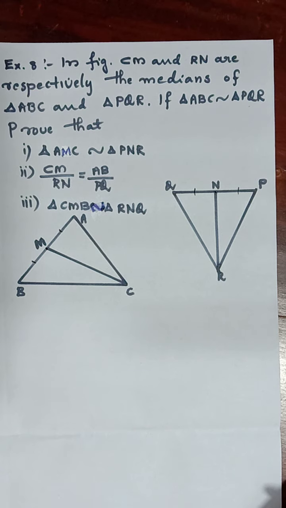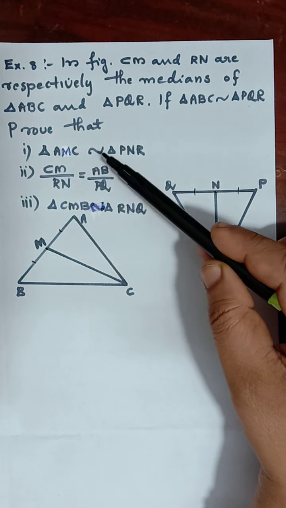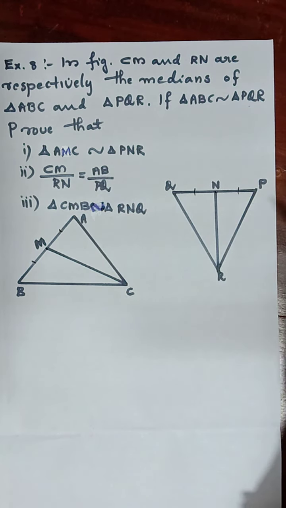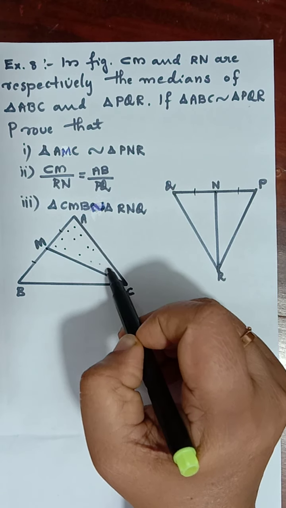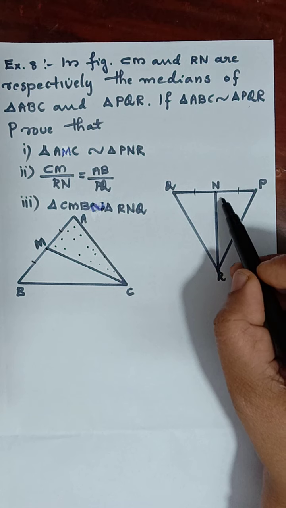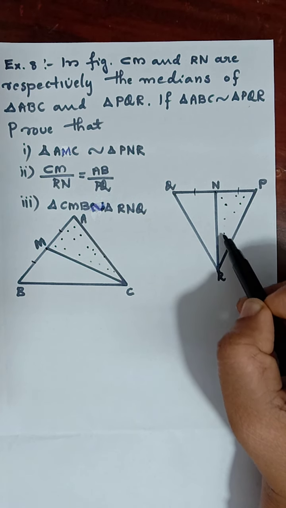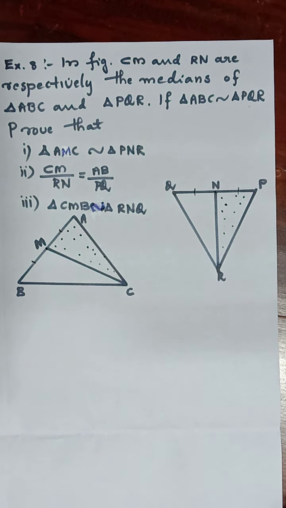Let us see what to prove. Triangle AMC is similar to triangle PNR. So just shade what is AMC and what is PNR. AMC and PNR, these are similar, we have to prove. So what is the method to prove this? Let us check.